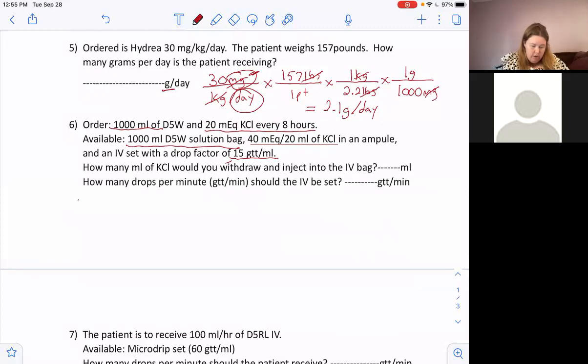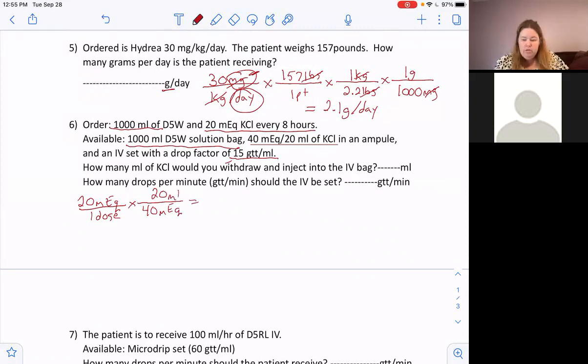So our order is 20 milliequivalents for 1 dose. And we have available 40 milliequivalents in 20 milliliters.